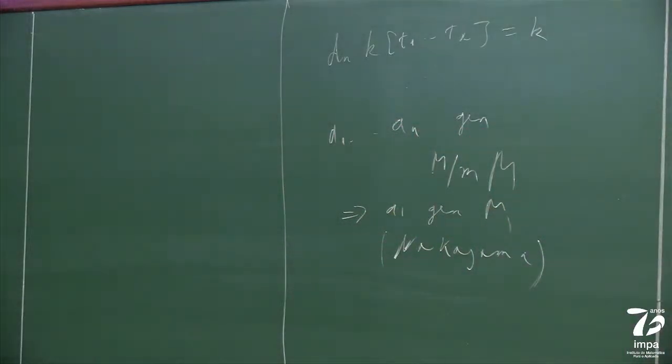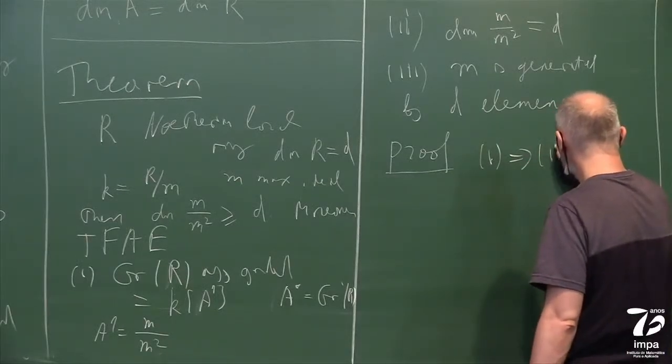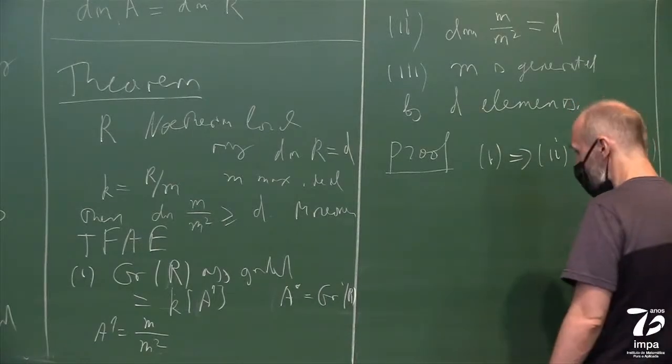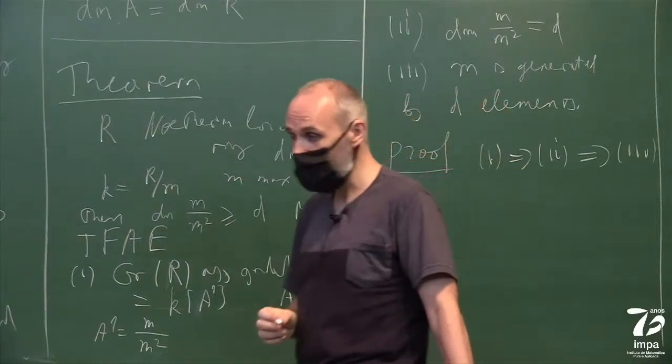Okay, so this gives you implication 1 goes to 2, goes to 3. It's free. There's nothing to do.